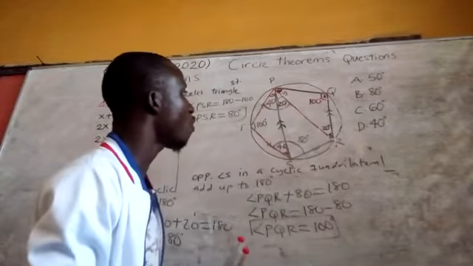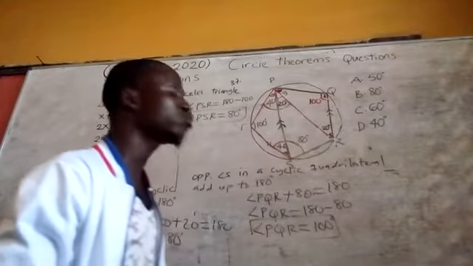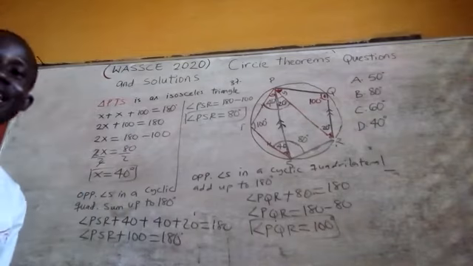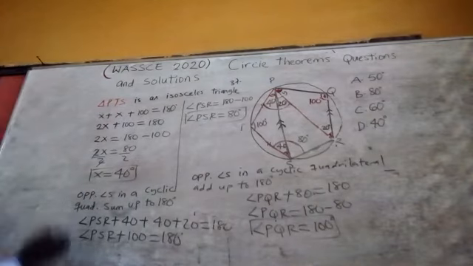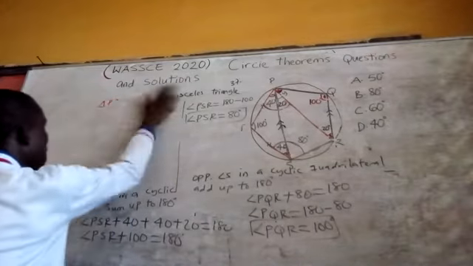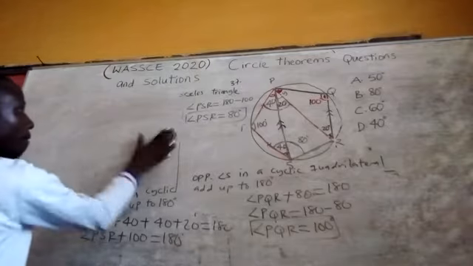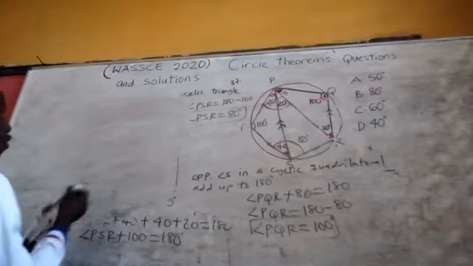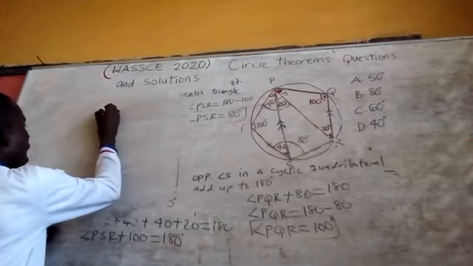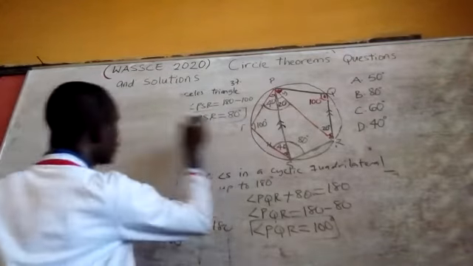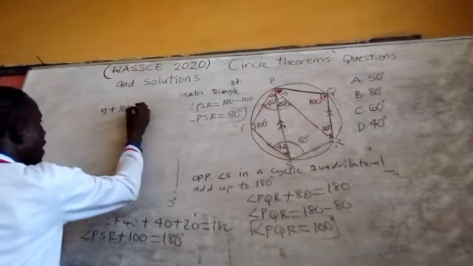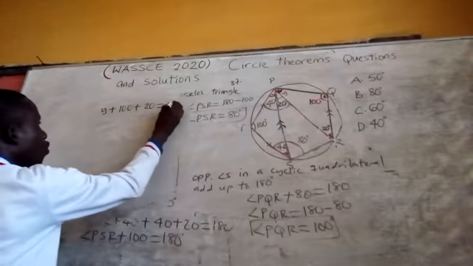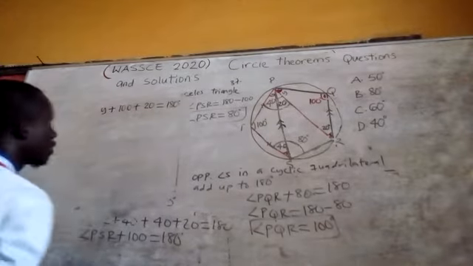So the sum of all the interior angles in the triangle should be equal to 180 degrees. So here we can see that we have Y plus 100 plus 20 all equal to 180 degrees.